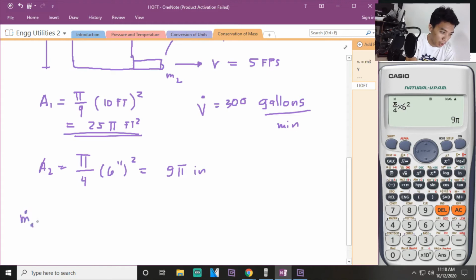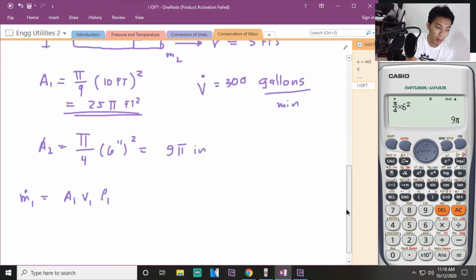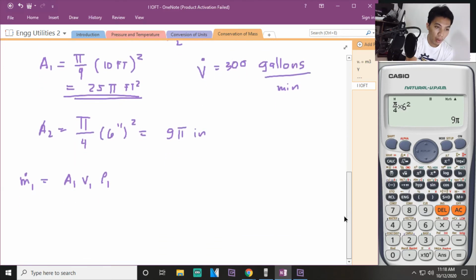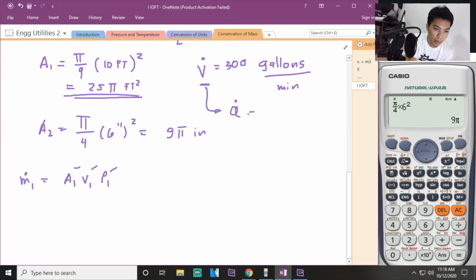Mass flow rate sa 1 is equal to area 1, velocity 1, tapos density. Ano ba mga kulang dyan? Meron kang area, meron kang velocity, meron kang density. Kaya lang, tandaan nyo, binigay ko yan, that is Q, and Q is equal to A times V. So, solve na kagad yung dalawa.